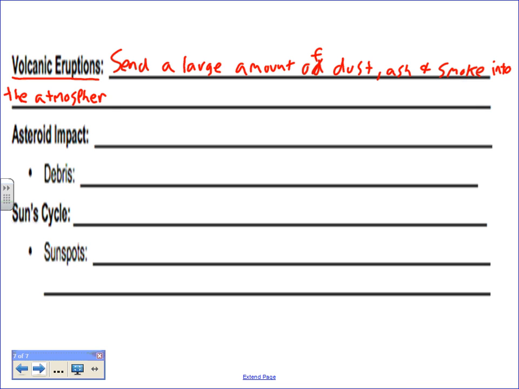So when a volcano erupts, it dumps a lot of that into our atmosphere, and it blocks the solar energy from the sun and cools the planet.